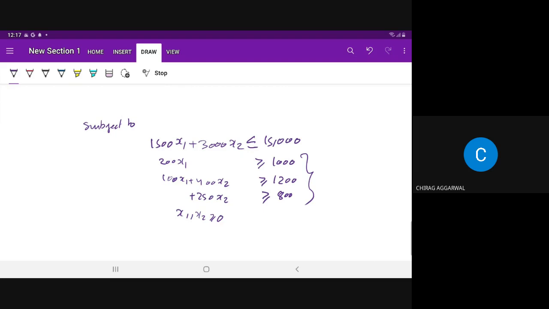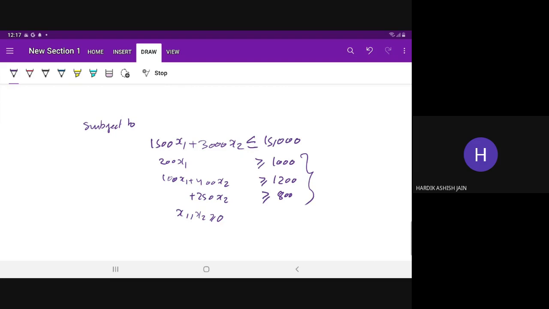So now please concentrate on the board. When 200x1 is greater than or equal to 1000, which variable do you have to add? Surplus, right?